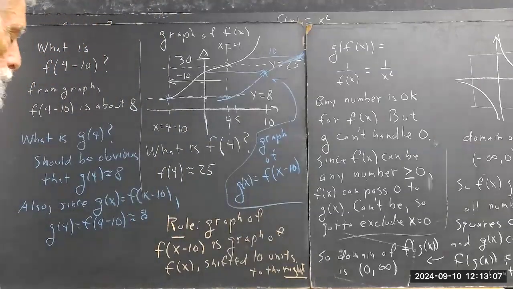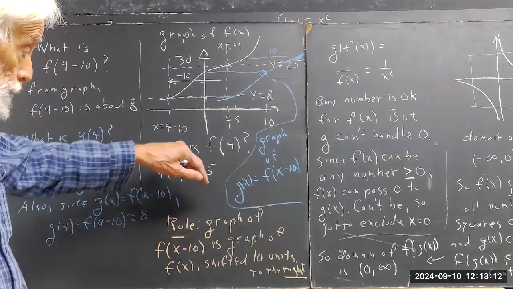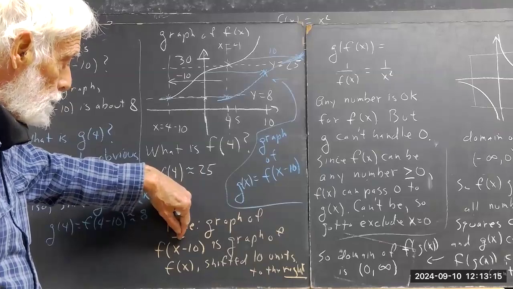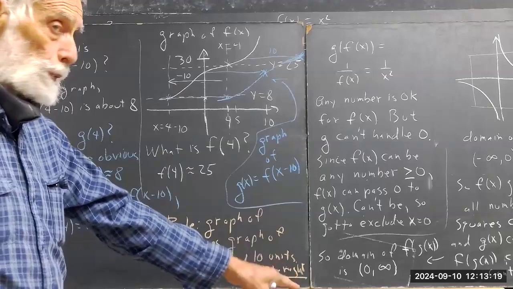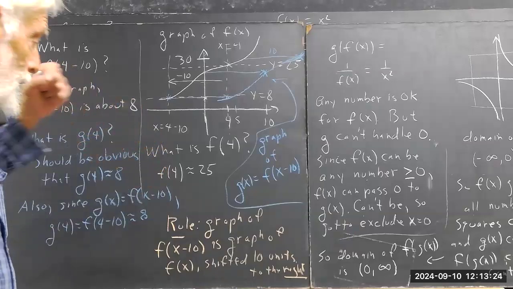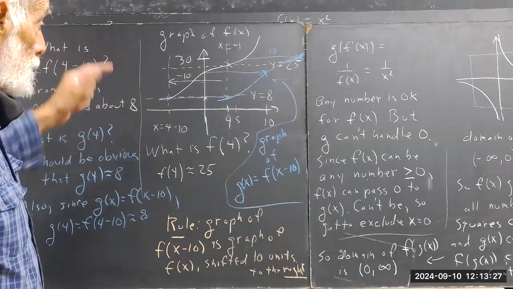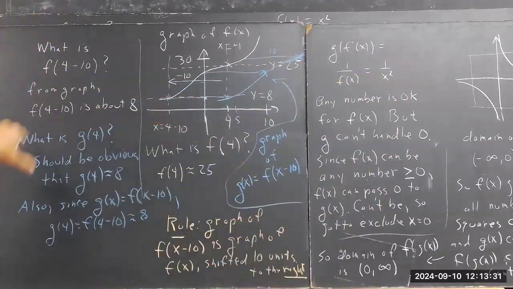Okay, maybe a little hard to read. It's a big important statement, so I wish I'd left myself more room, but that's it. The graph of f of x minus 10 is a graph of f of x shifted 10 units to the right. Now minus 10 is to the left, but f of x minus 10 shifts the graph of f of x to the right. Okay, and you can see that from this example. And you want to think through this example until you really understand it, so you don't make mistakes in shifting the graph, okay?